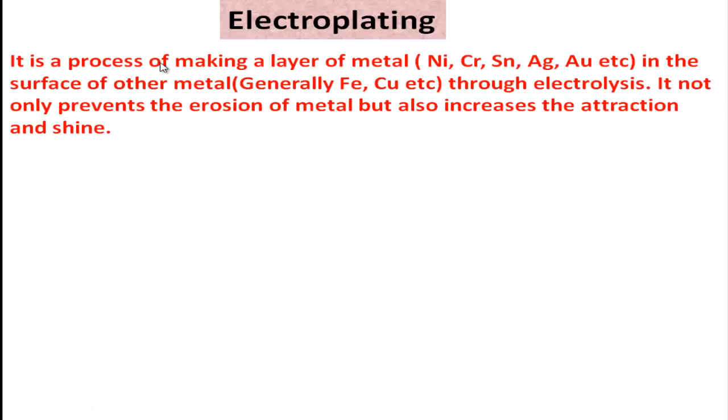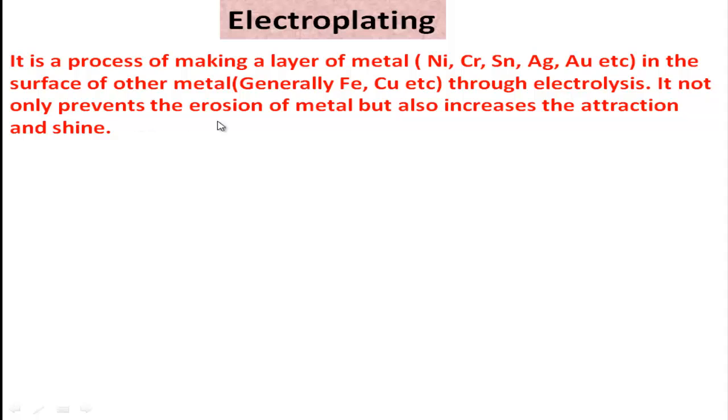Now another important process is electroplating. What is electroplating? Electroplating is a process of making a layer of metal, generally nickel, chromium, tin, silver, gold, etc., on the surface of other metals such as iron, copper, etc., through electrolysis.